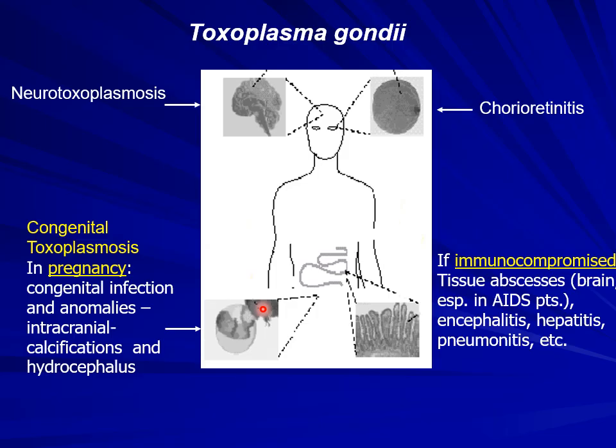And again, as I previously told you, the spectrum of congenital toxoplasmosis differs according to the time of acquisition of this infection. If this infection is acquired in the first trimester of pregnancy, it usually leads to abortion. If it happens during the second or the third trimester, stillbirth may occur.